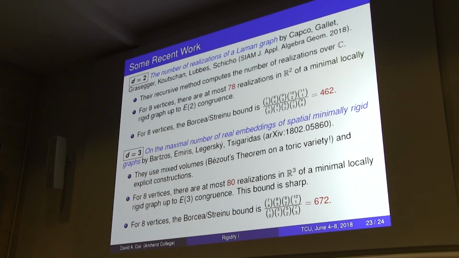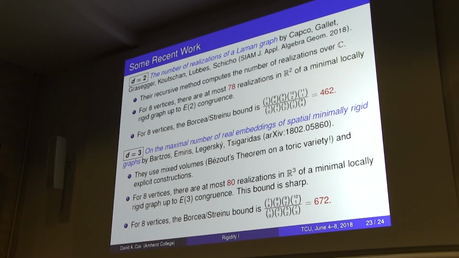And in this case, in dimension 3 for 8 vertices, the Borchardt-Strano bound is a little bit bigger. So again, you have these bounds that we had, and now by some pretty hard work, you're getting better. But the challenge is that these bounds don't work in general.